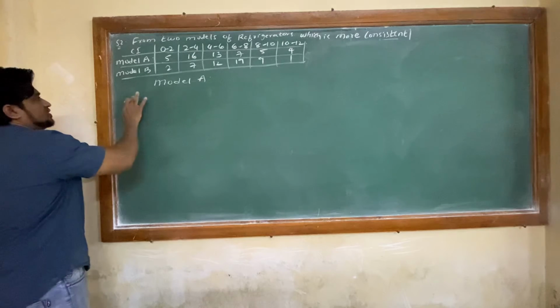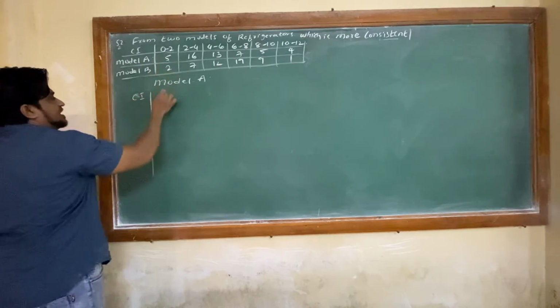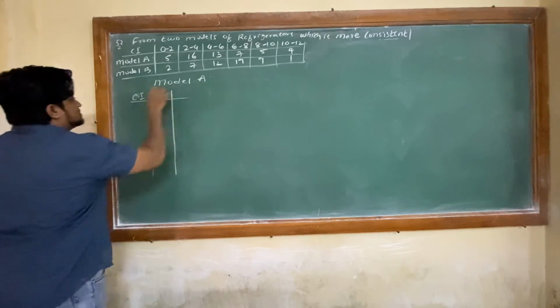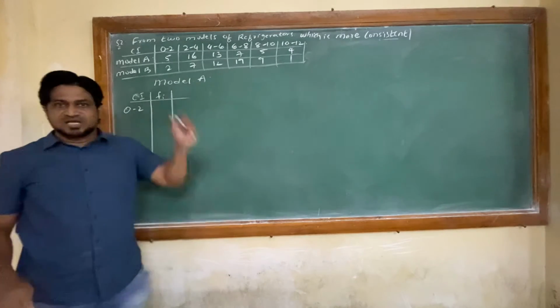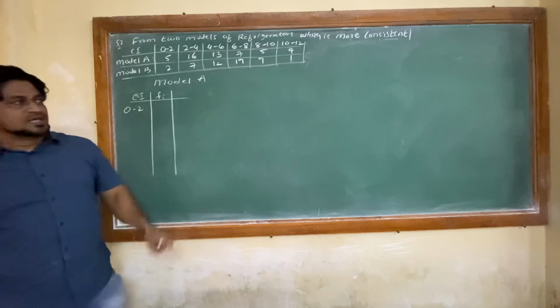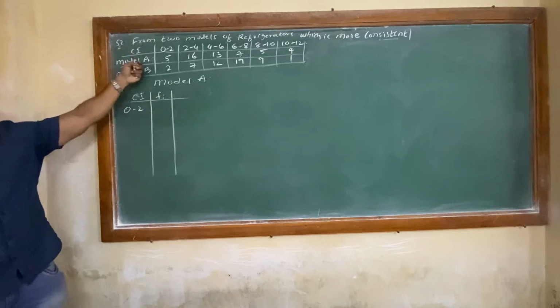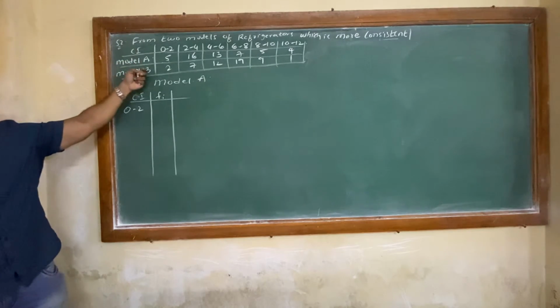The given values are not class intervals, and whatever value is given to us, that is the frequency. In the previous question, in model A, what did they give? Only a single line. They have not given any class value. That was an individual series. Here for model A they have given class intervals. Then for the second part, you have to take the class interval and model B values as frequency.